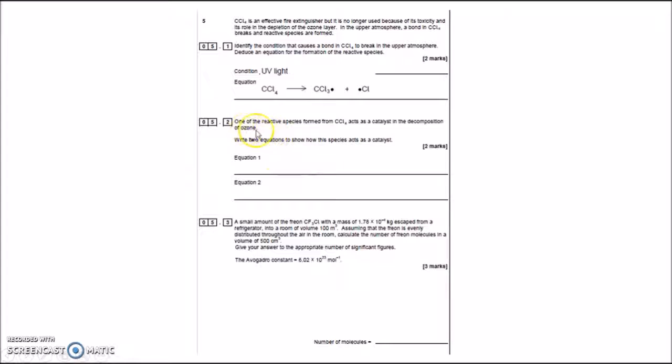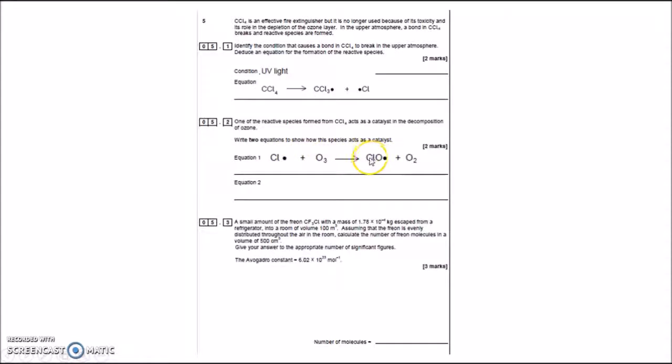Now there's only 2 forms of oxygen, O3 and O2, so it must make O2. The chlorine radical reacts with O3, ozone, and the only other form of oxygen there is, is O2. So O3 automatically forms O2.